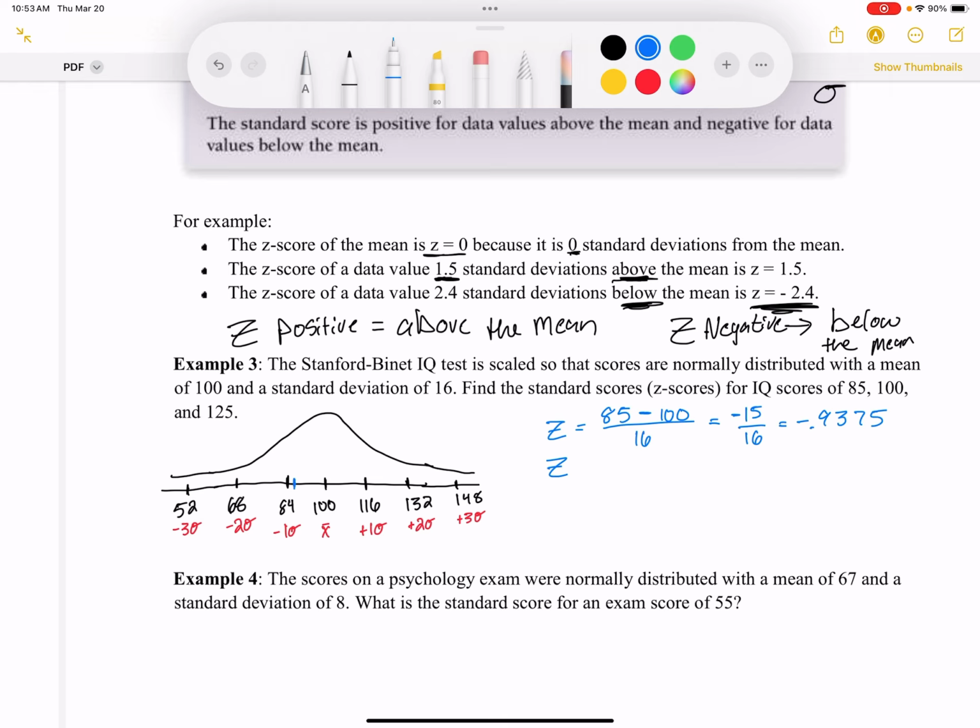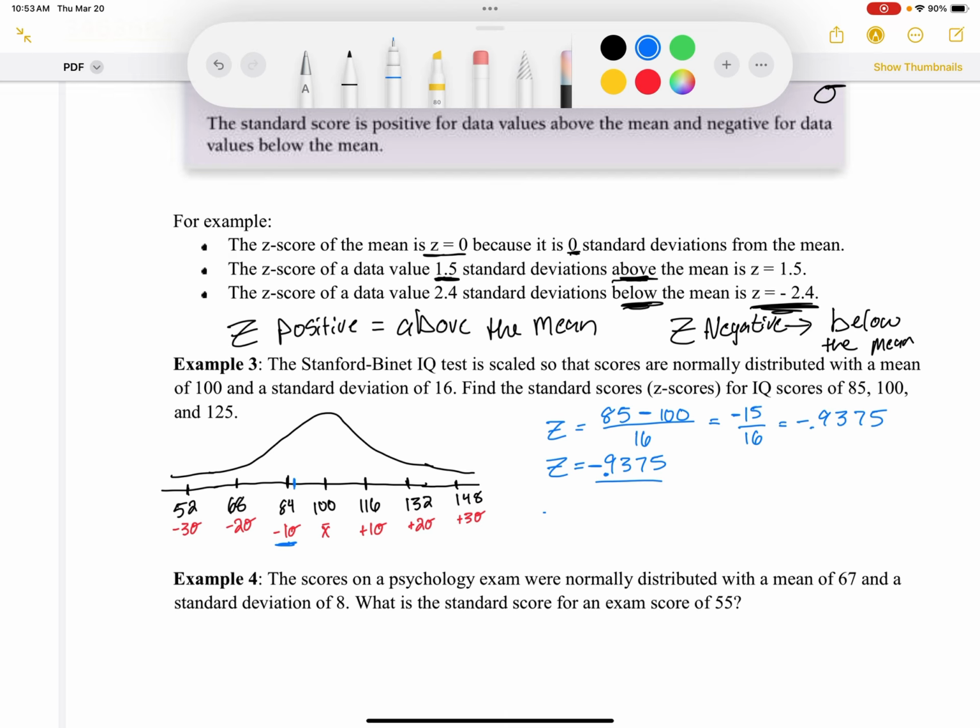So Z equals negative 0.9375. You see how this is negative 1, but if we go 85, we're not quite at negative 1. So, yep.